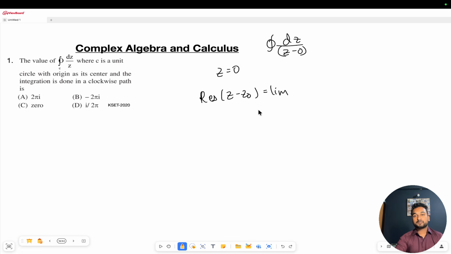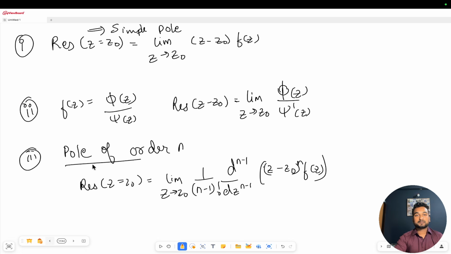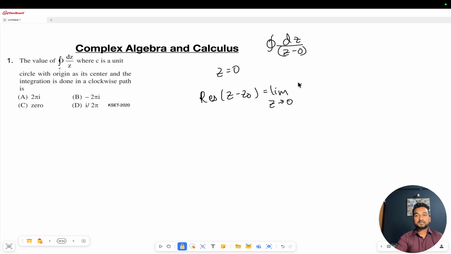So z minus z0, z tends to 0. Here you write z minus z0, which is z minus 0 into f of z. What is f of z here? 1 upon z. So this cancels out and your residue is equal to 1.